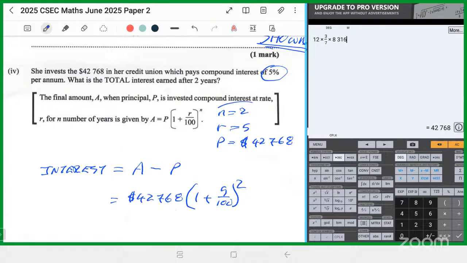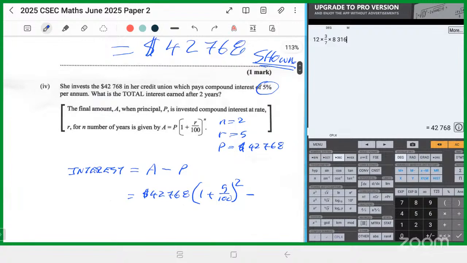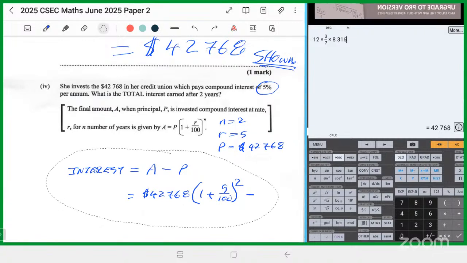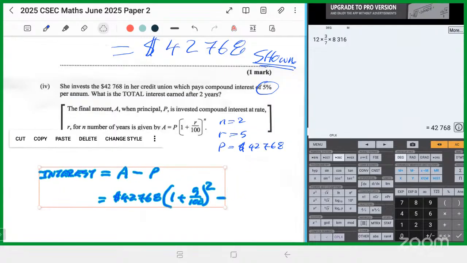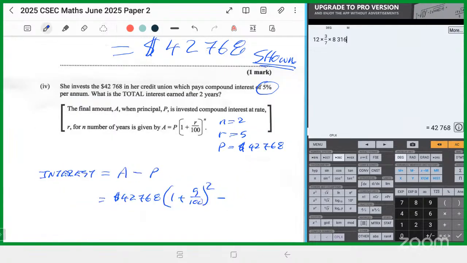That's what we plug inside this formula. That's the total amount, and you're going to subtract now the original amount, because we only want the interest. I think this question is going to get a lot of people. A lot of people are going to calculate the A and think that is it. But we want just the interest. All right, so we have to subtract the 42,768.